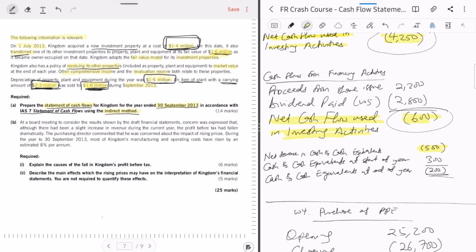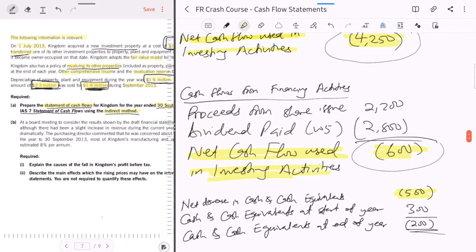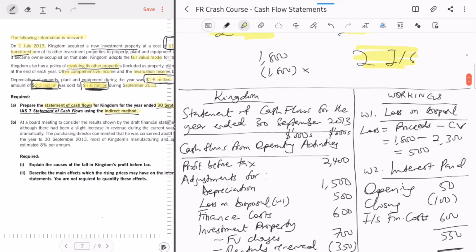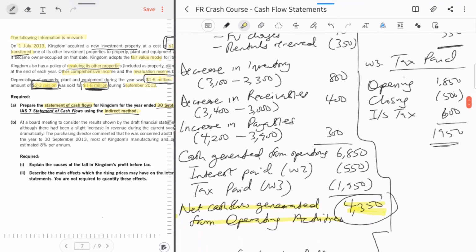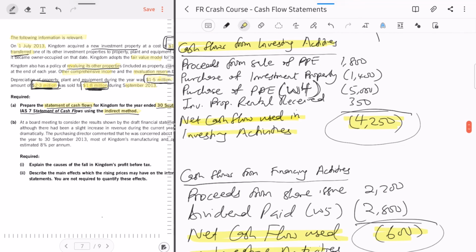So ladies and gentlemen, this is how to prepare a cash flow statement, right? This is how to prepare a statement of cash flows. Key thing to remember from here is that a cash flow statement is in three main sections: cash flows from operating activities, your cash flows from investing activities, and your cash flows from your financing activities.